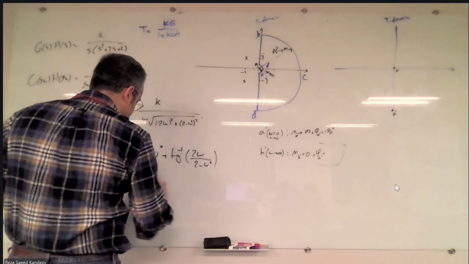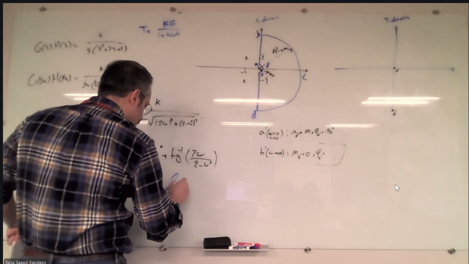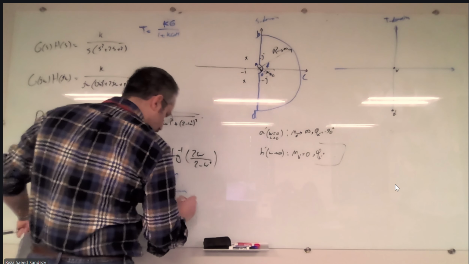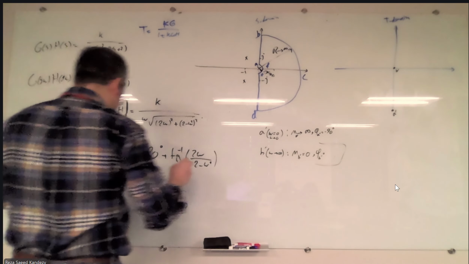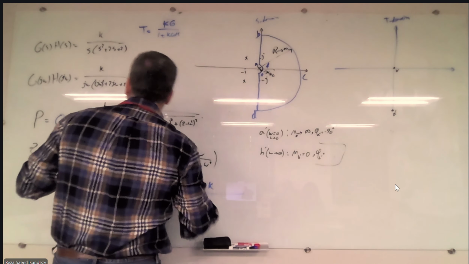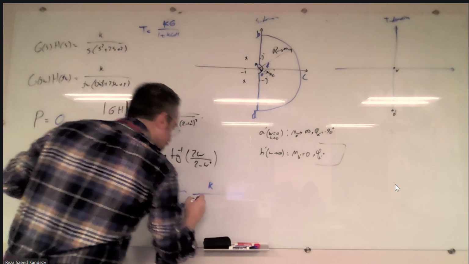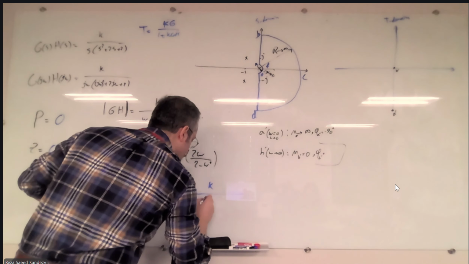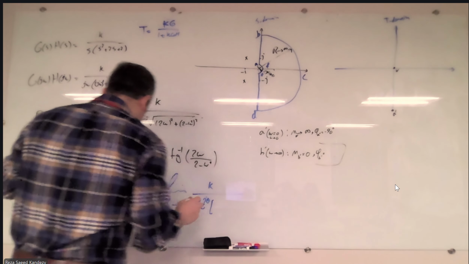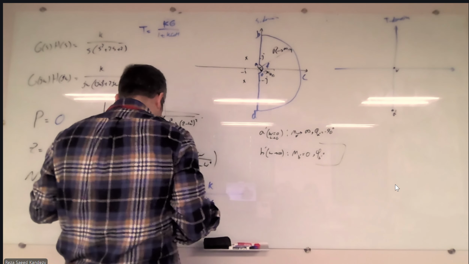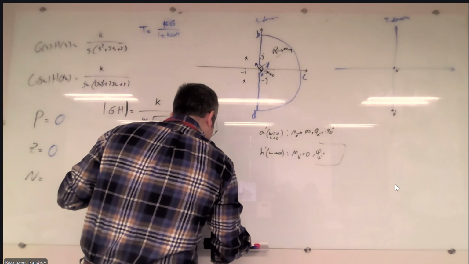Okay, so if we have that, then our function becomes the limit of K over this one becomes R e to the power of j theta, and the second order one becomes R squared e to the power of j 2 theta.